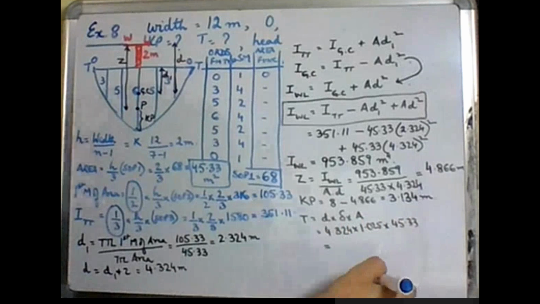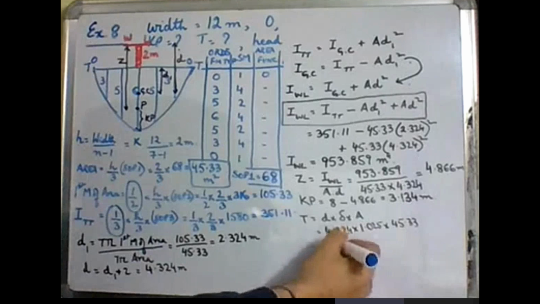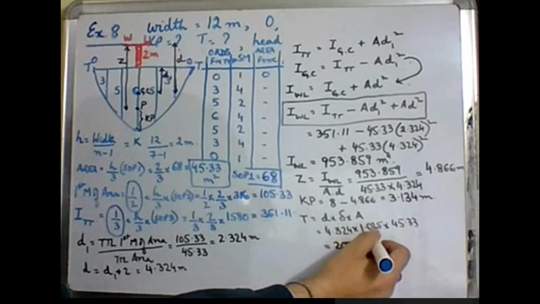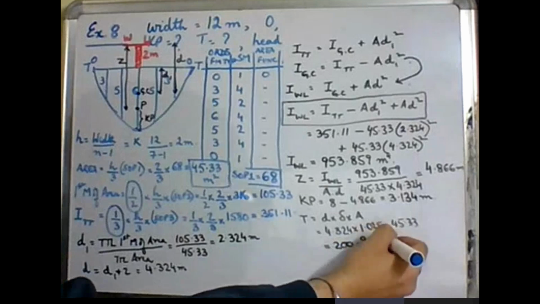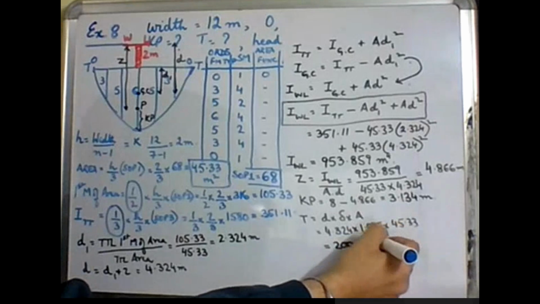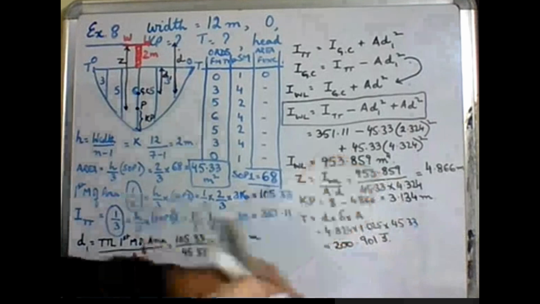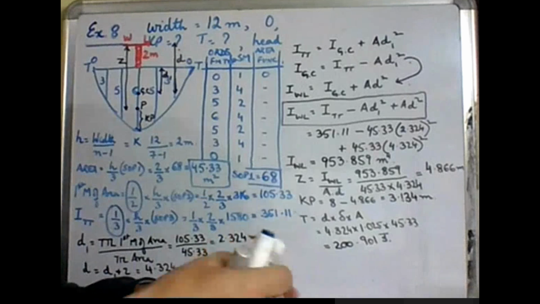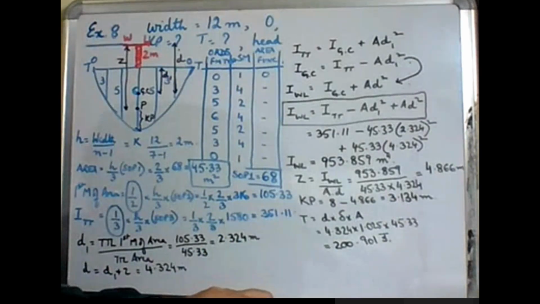So thrust will be equal to how much? 200.901 tons. That is the thrust which is acting on this bulkhead.